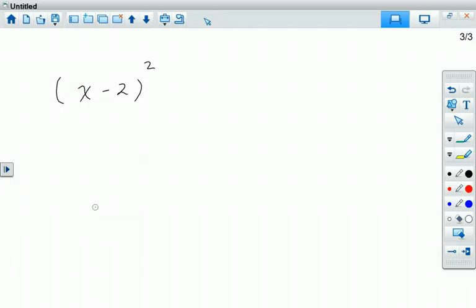What's that going to be? Well, just like we did a while ago, that's going to be x squared minus 4x plus 4. So I just multiplied it. I went the other direction. So if you don't know how to use the shortcuts, you better learn them.